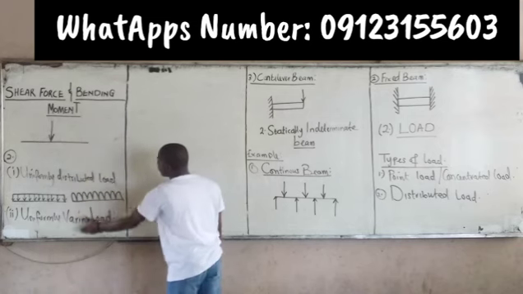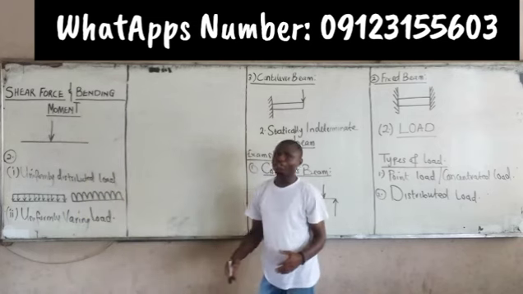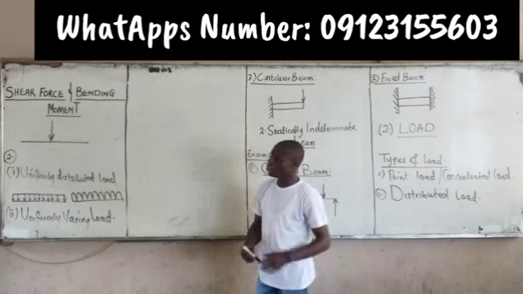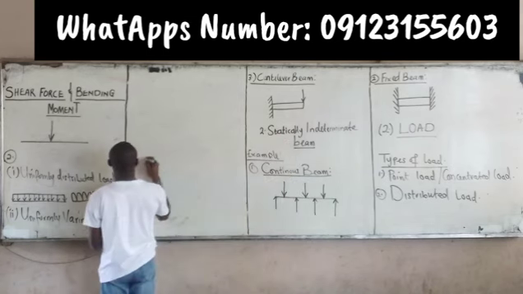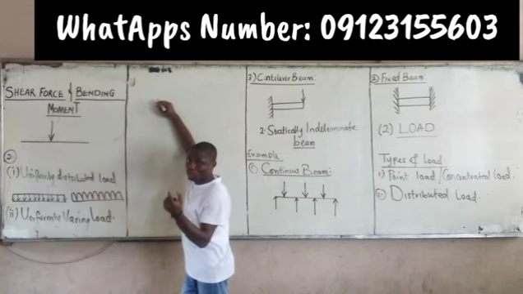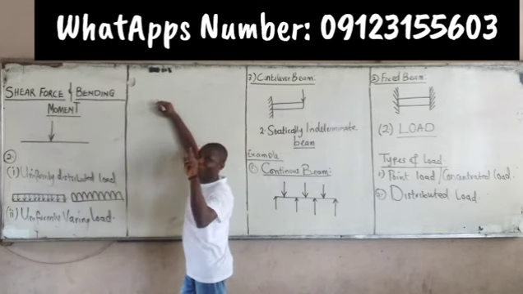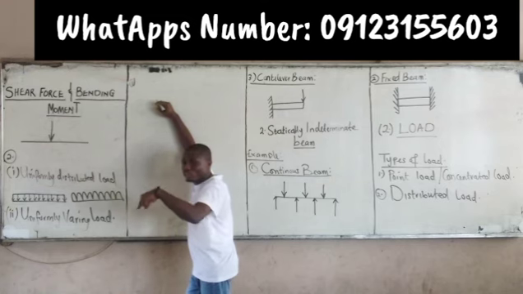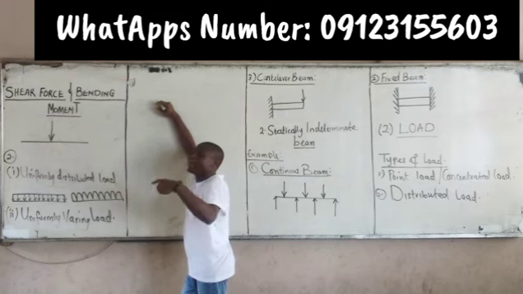For uniformly varying load, there are different types. When it comes to uniformly varying load, it can be in three forms. Number one is triangular load. Number two is trapezoidal load. Number three is parabolic load.